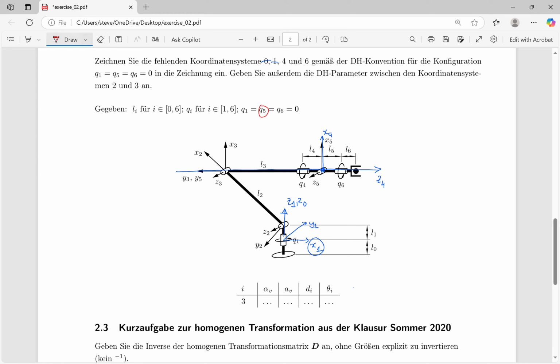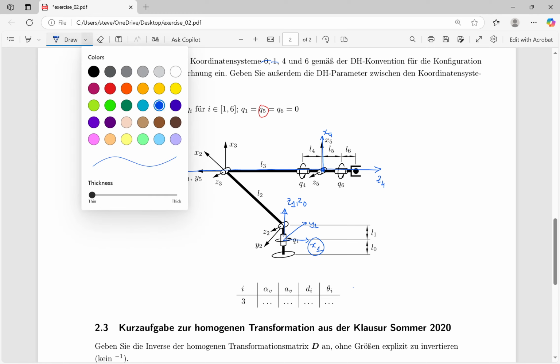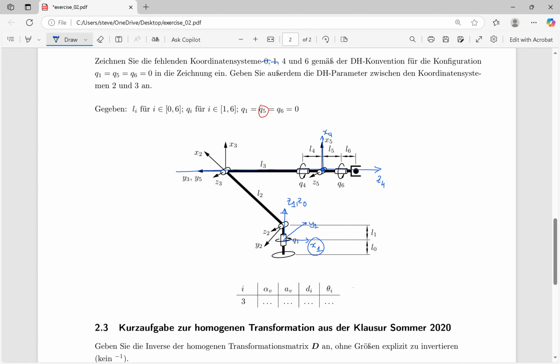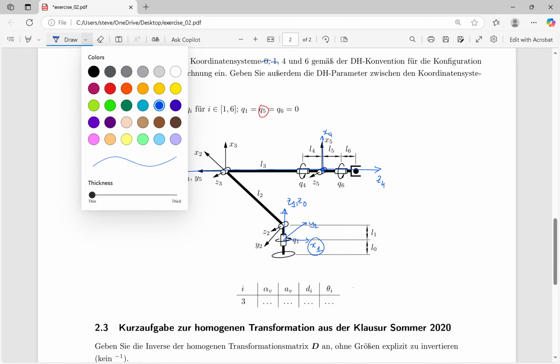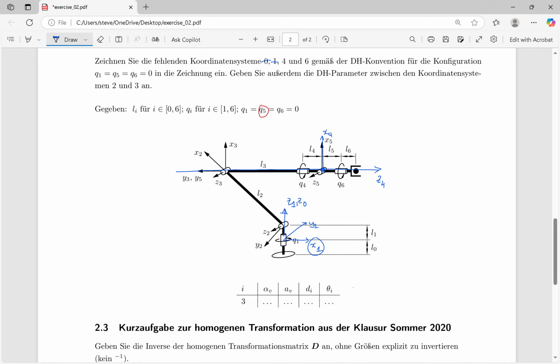So right here we have to draw X4 aligned with X5 and not X3. Now that we have done that, we can use the right hand rule to confirm that this is Y4. And now we have 4 done.